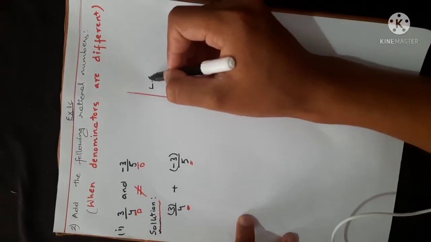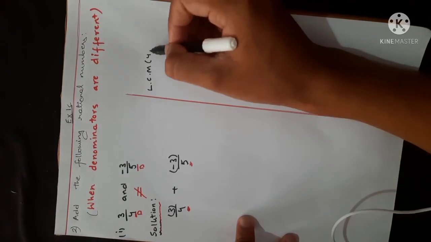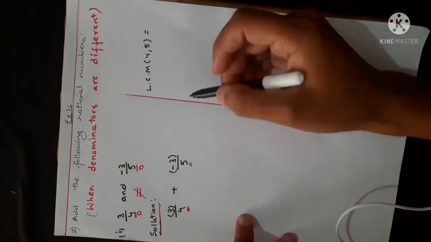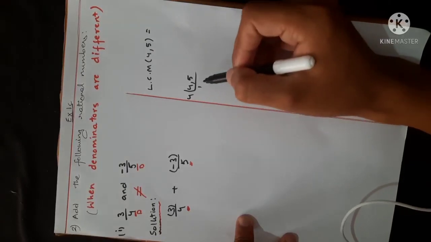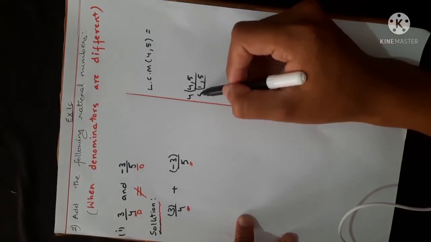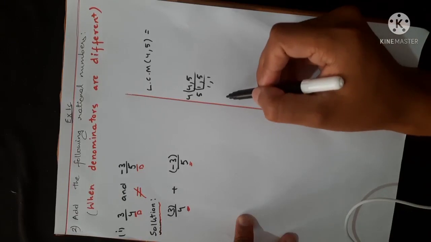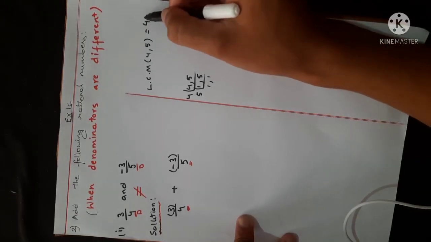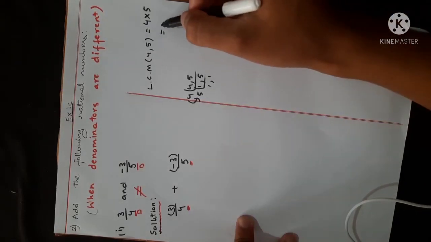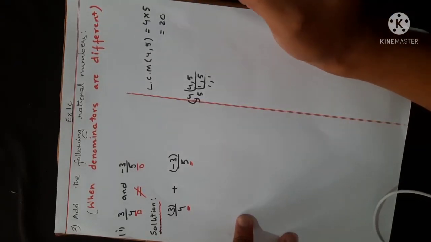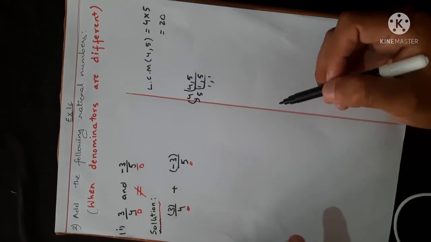So LCM of 4 and 5 equals how much? 4 times 5, and this equals 20. 4 multiply 5 equals 20.